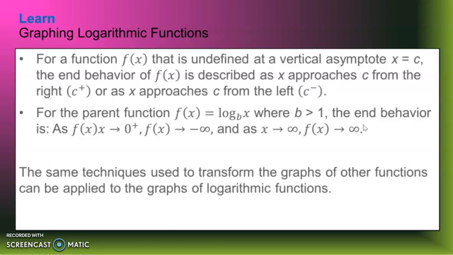So we're just going to say as x approaches 0, and from which side. This would be saying as x approaches 0 from the positive side, my y value goes down to negative infinity. And as x increases, going to the right, my y value reaches positive infinity.